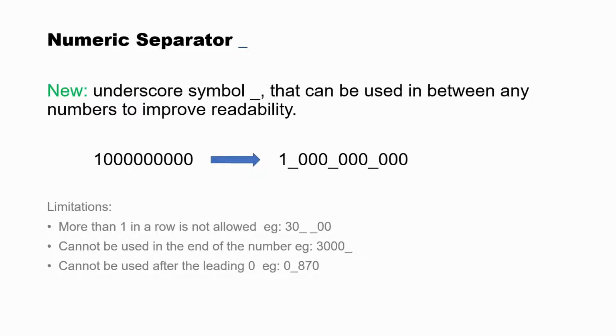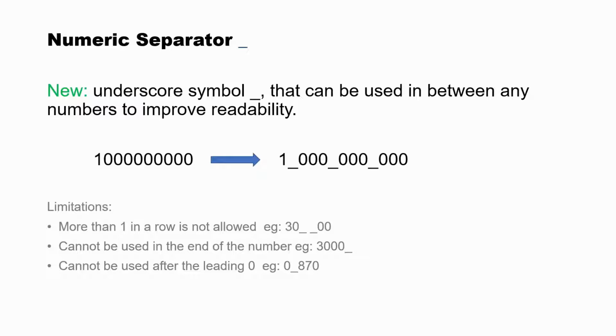So any number is okay. And as you can see on the left side of the screen, we have 1 billion, but if you haven't counted the zeros, you probably have to count them to be sure if it's 1 billion or 100 million. But with the numeric separator, you can clearly see that it's 1 billion just from looking at it without actually counting the zeros.